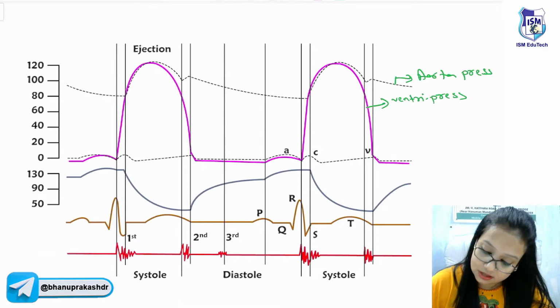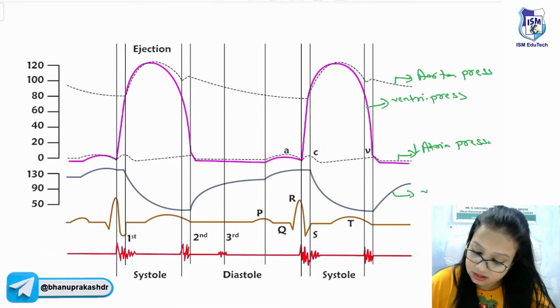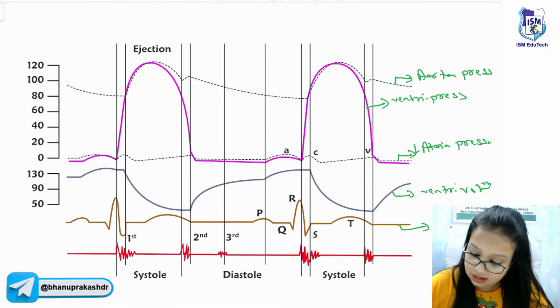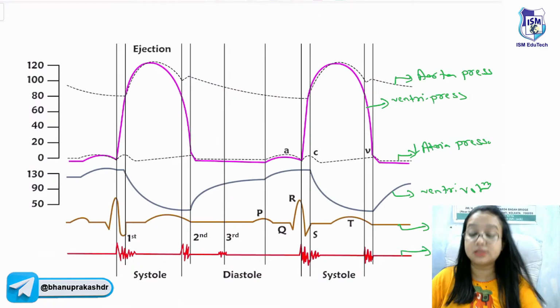And this one which is below, this is the left atrial pressure graph. This blue one is the ventricular volume change. This, of course, we are aware of. This is our ECG, and these are the heart sounds.